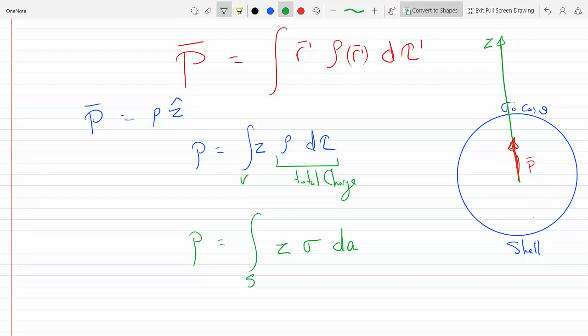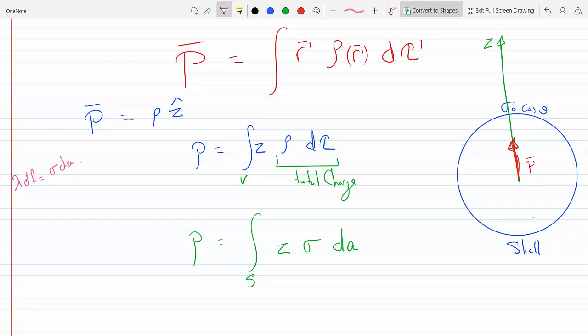If you remember from a previous chapter, when we did this before, these all go hand in hand. Lambda dl is the charge on a line, a continuous distribution on a line, and sigma dA is the amount of charge on a surface.